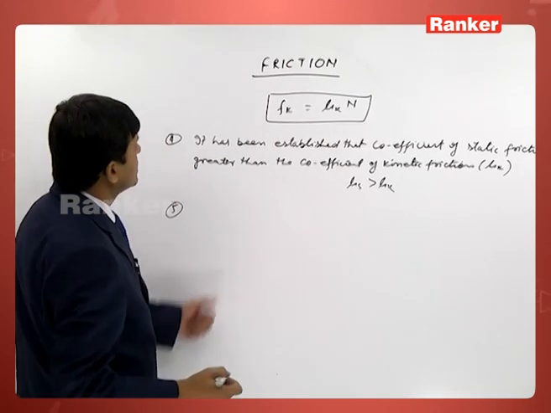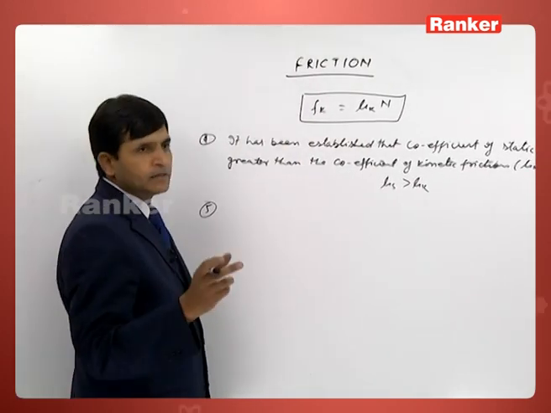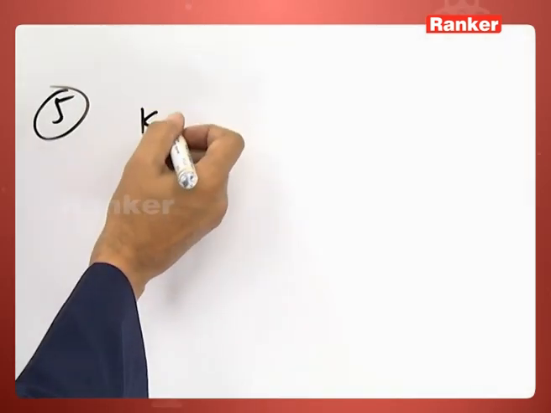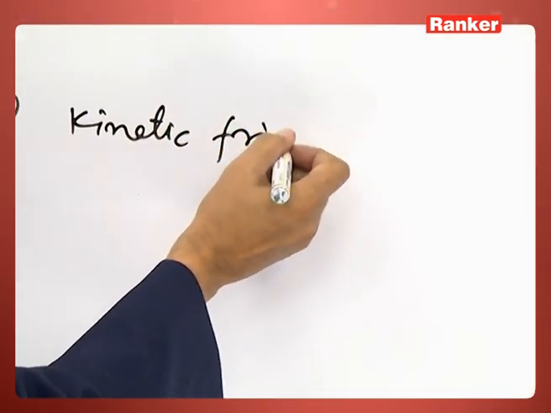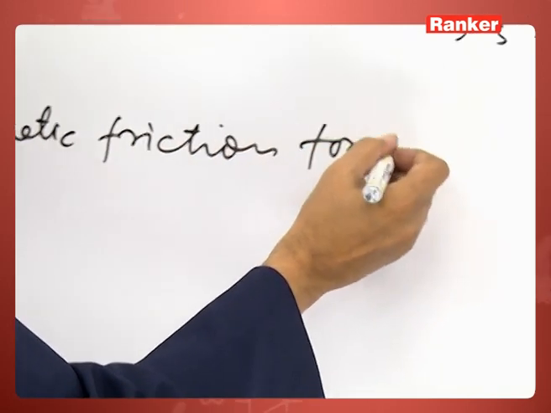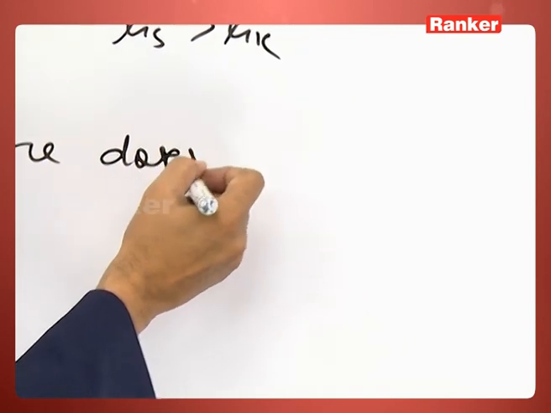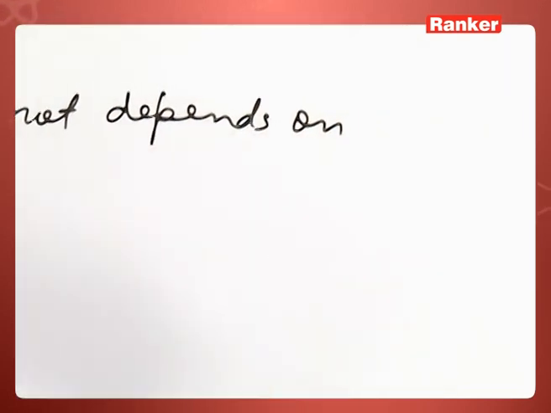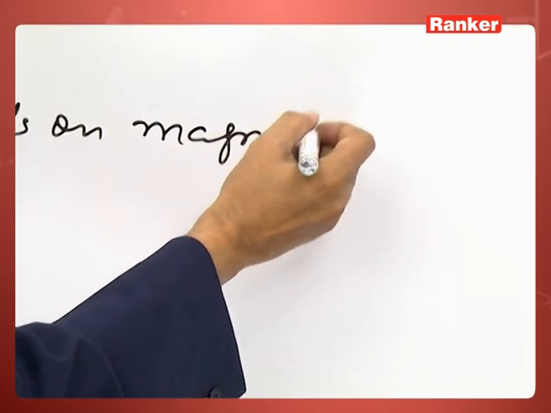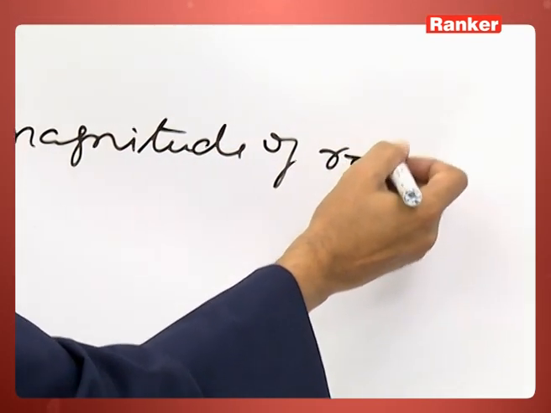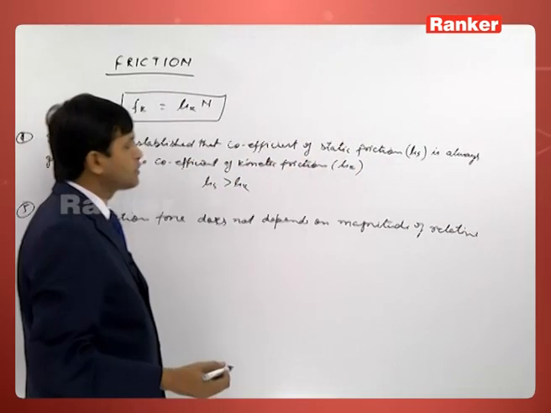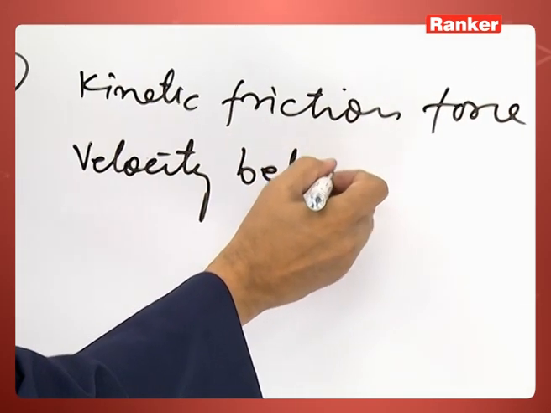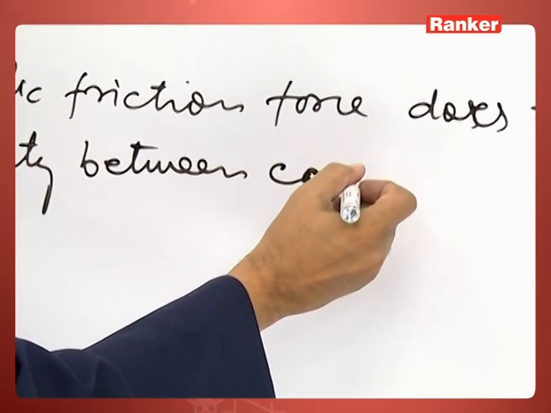Fifth point: the kinetic friction force does not depend on the magnitude of the relative velocity between the contacting surfaces.